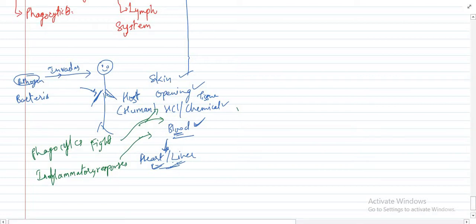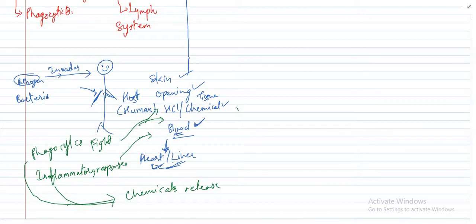After this, there are some chemicals also released, whether from phagocytes or inflammatory responses. They release some chemicals, and these chemicals are very helpful to give the signal to the second and third line of defense.